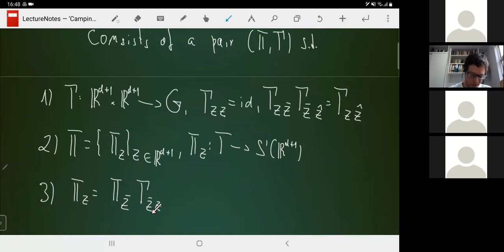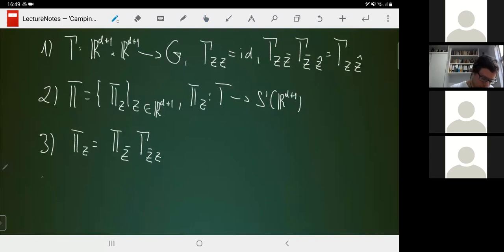Now we shift the point and essentially evaluate it. The order in which you do it shouldn't matter. This is what the third condition says, which of course also restricts your freedom of choosing Pi and Gamma quite a lot. They need to be in agreement with each other.